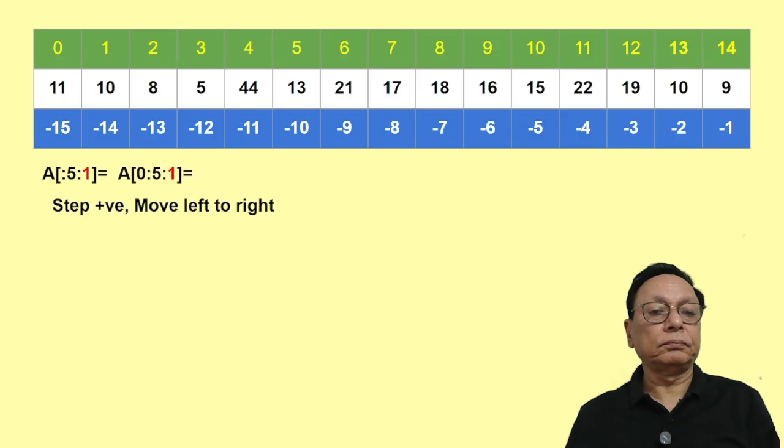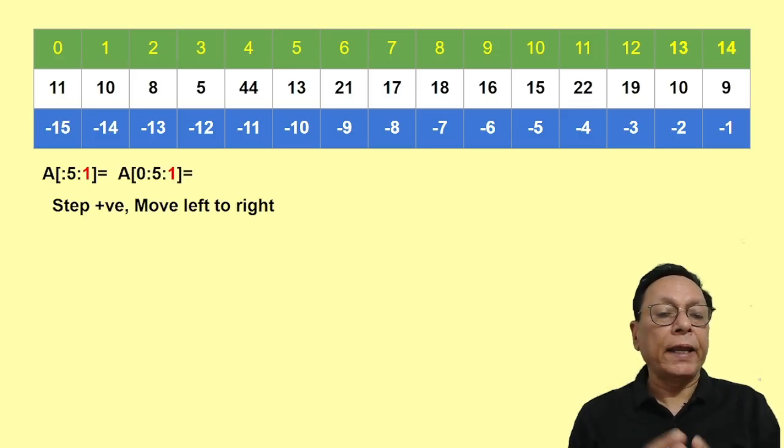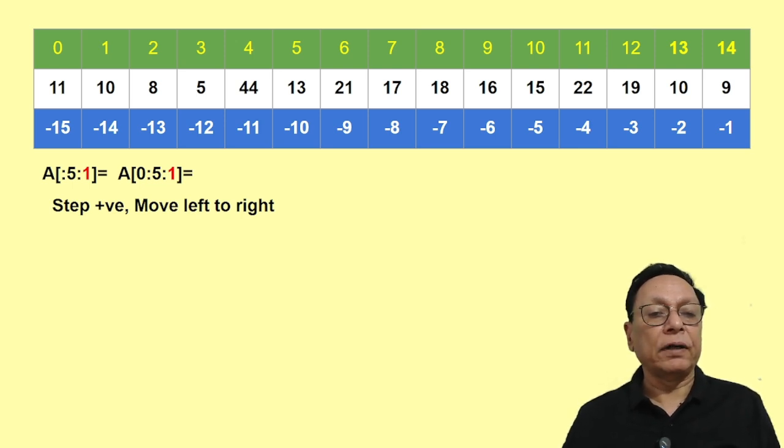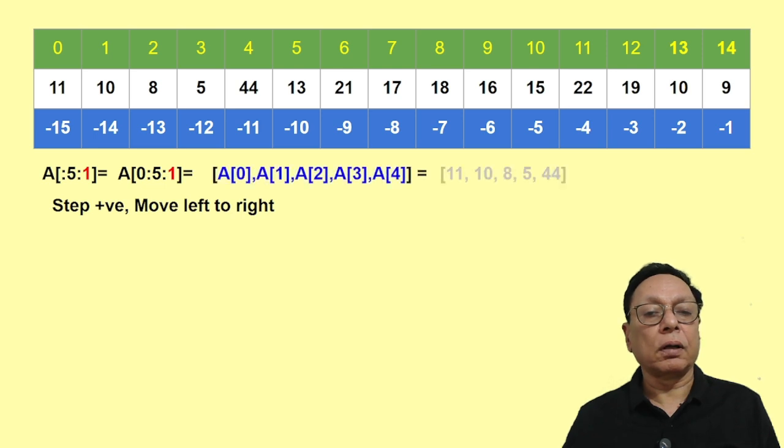Now next example. So see here, 5 colon 5 colon 1 means the starting index is missing. When a starting index is missing, we'll assume 0 as the starting index. So this would be 0, 5, and 1. So 0, 1, 2, 3, 4.